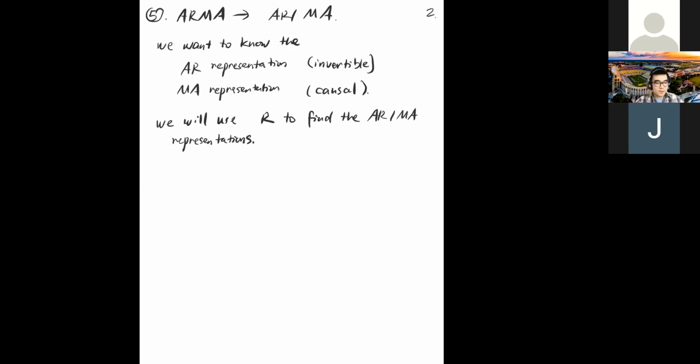Okay, so I think I'll give you two examples. One is about parameter redundancy, how to check it using R, and another example is about how to change the ARMA to its AR or MA representation. Okay. So let me get back here.